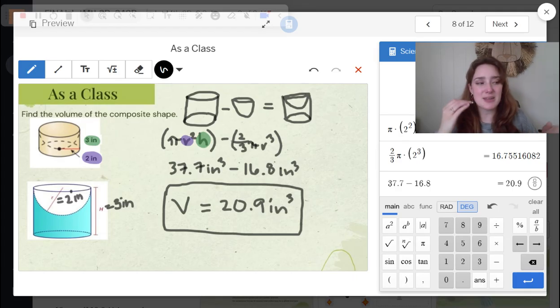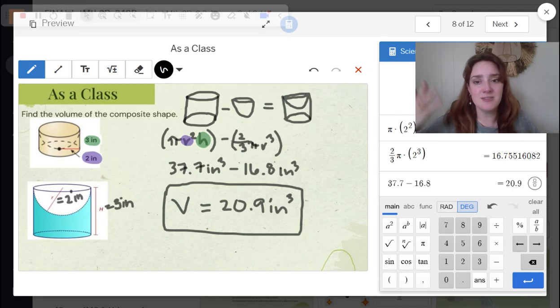We're trying to make a plan of attack. What are they giving us? What's a piece that's missing, or a piece that they added to this figure? We have to calculate those and either add or subtract. In this case, we were subtracting, but sometimes they'll add another piece to it.